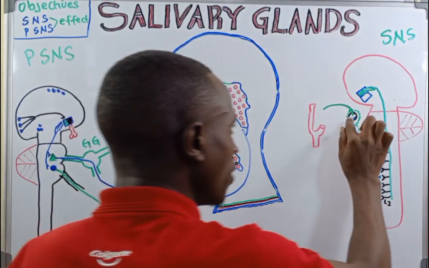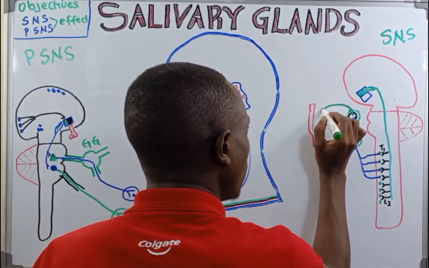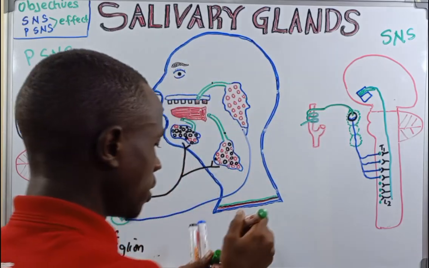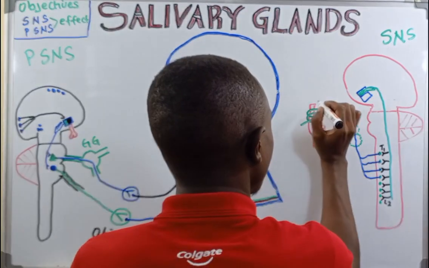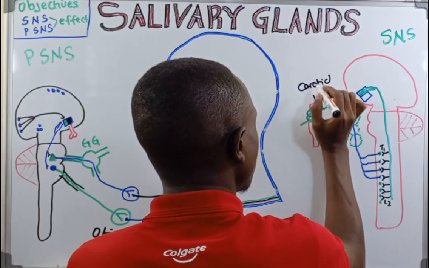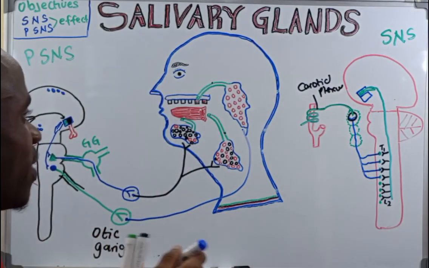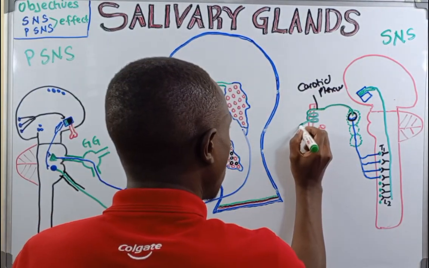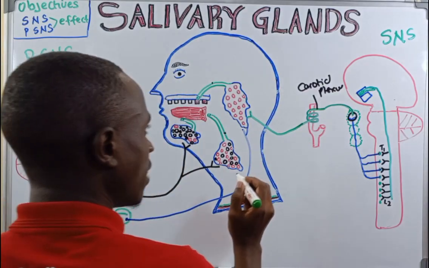These postganglionic motor fibers of the sympathetic nervous system come and coil on the carotid artery, and they make a plexus which we call the carotid plexus. Okay, the carotid plexus. And then from there, these postganglionic motor fibers start innervating the parotid salivary gland.